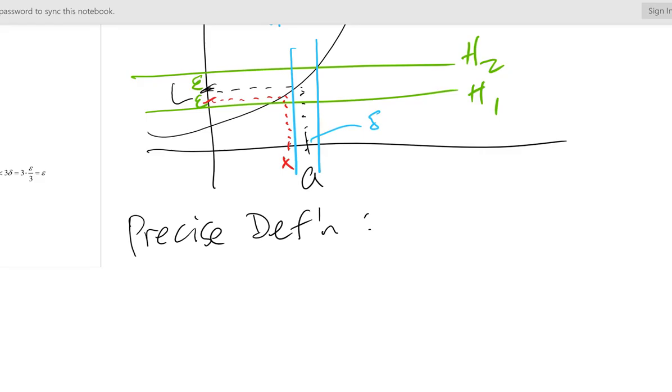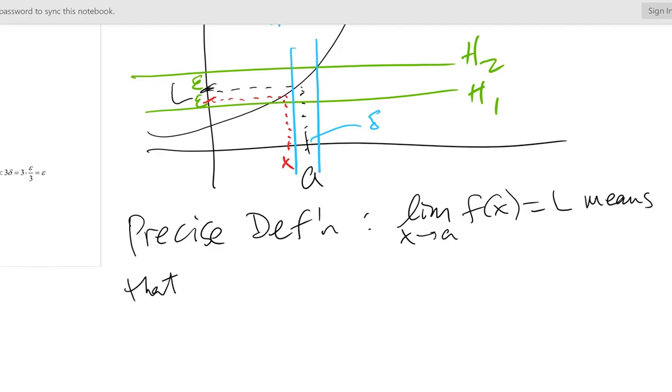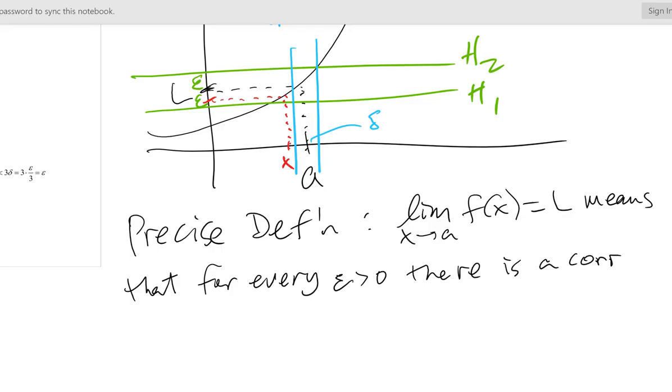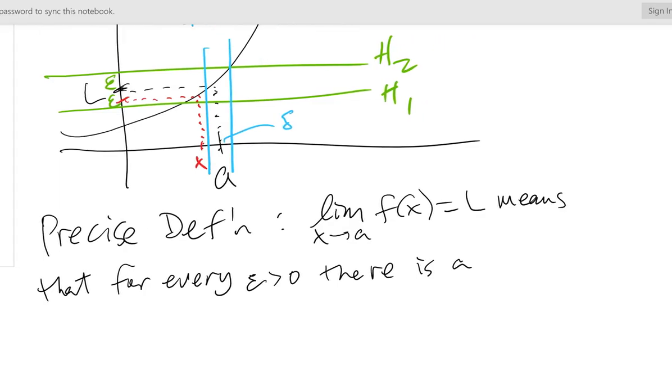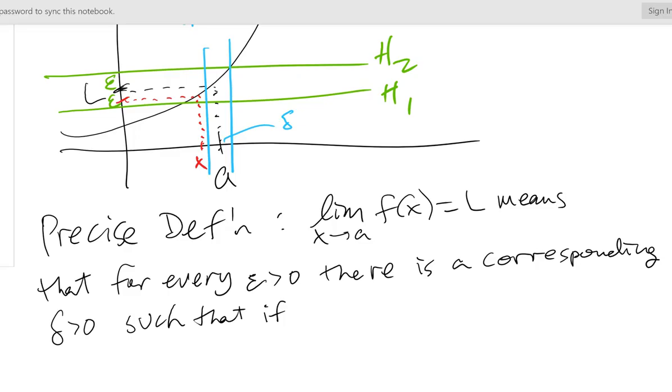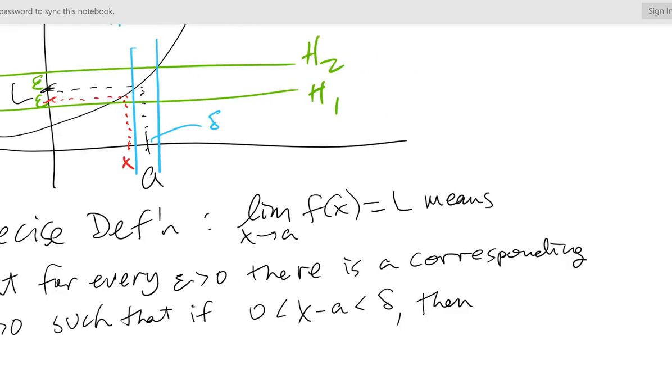It says the limit as x goes to a of f of x equals L means that, and here we go, for every epsilon greater than 0, there is a corresponding delta greater than 0, such that if 0 is less than x minus a is less than delta, then f of x minus L is less than epsilon.